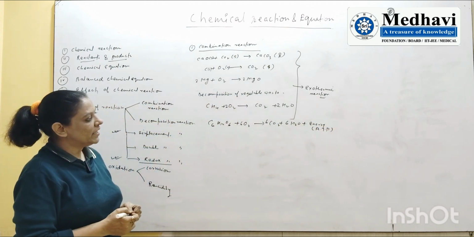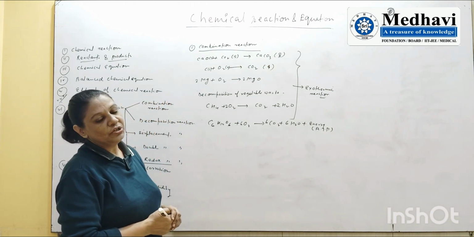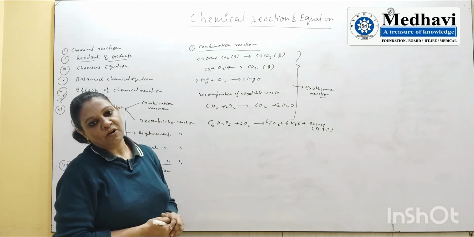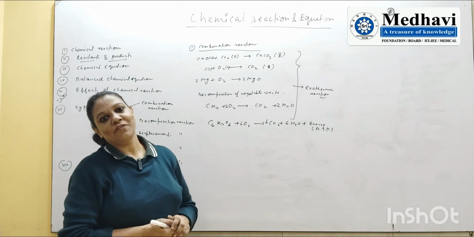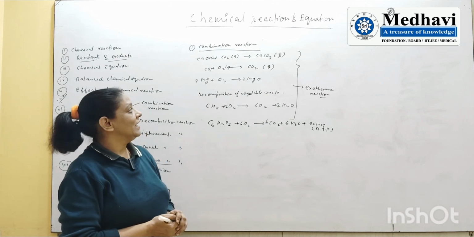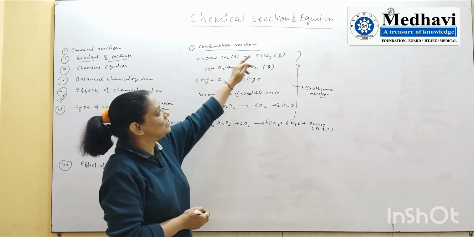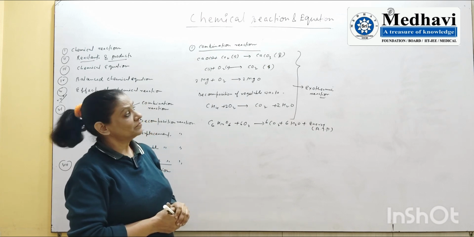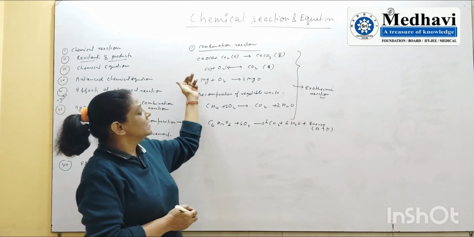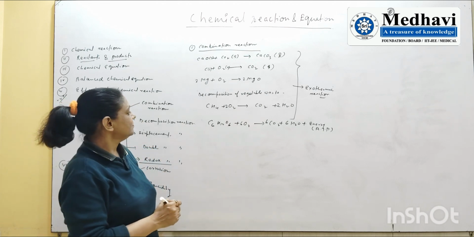You just have to know that energy is evolved, and that energy is used to perform different work. So these are all examples of combination reaction, and in the combination reaction, what is happening? Two reactants combine to give a single product or more than one product. Second point is it is an example of an exothermic reaction.